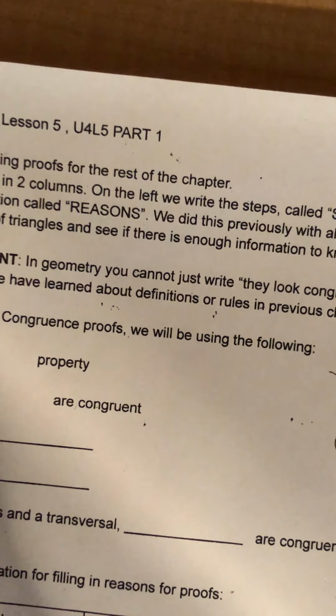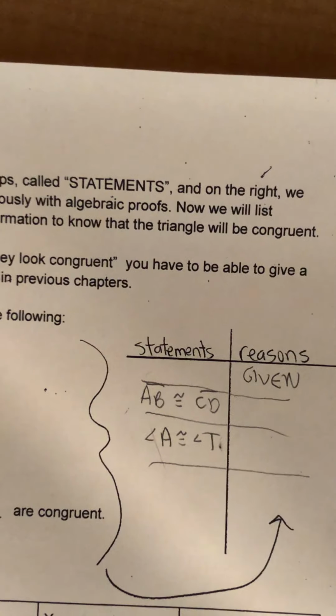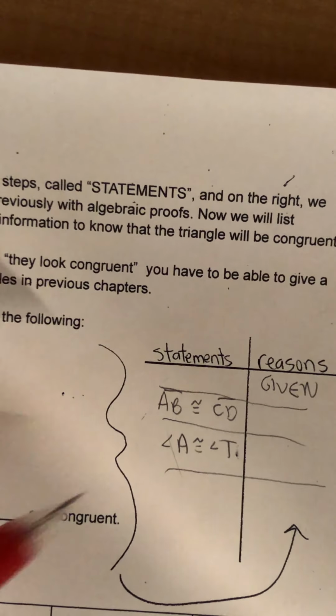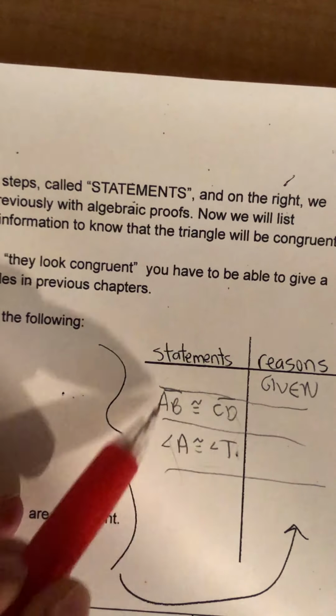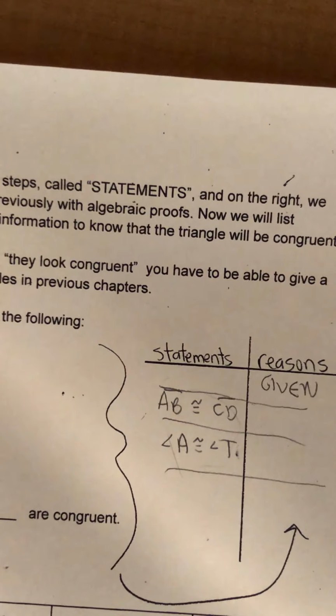Now we will list congruent parts of triangles and see if there's enough information to know that the triangles will be congruent. This is all about finding congruent triangles and listing the parts that we can find that are congruent to see if we have enough information to know that the triangles will be the exact same shape and size.